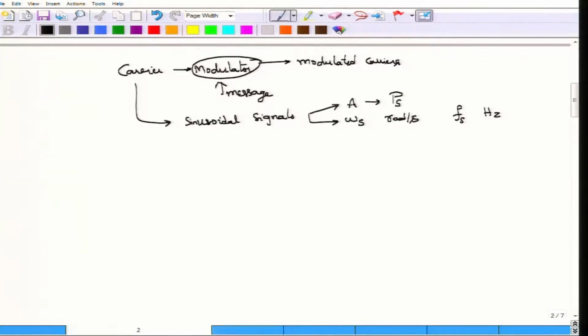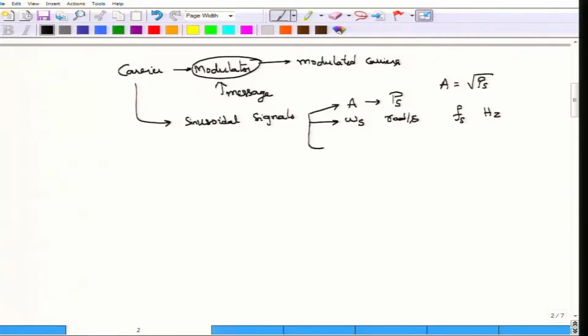Amplitude and power are normally related by this relationship: amplitude is the square root of Ps. So, when you square the amplitude, you get the power. The squaring is a normalized amplitude square, which then gives you the power in the system. There might be some constant sitting in, but we do not really bother about that.